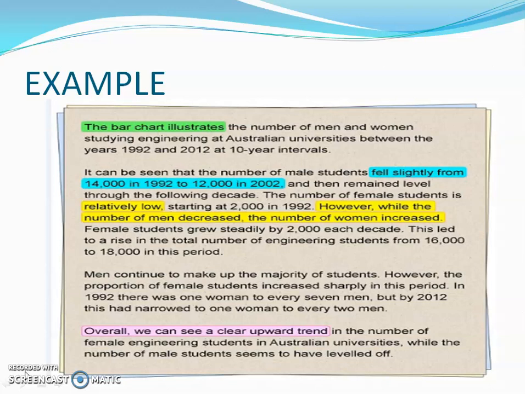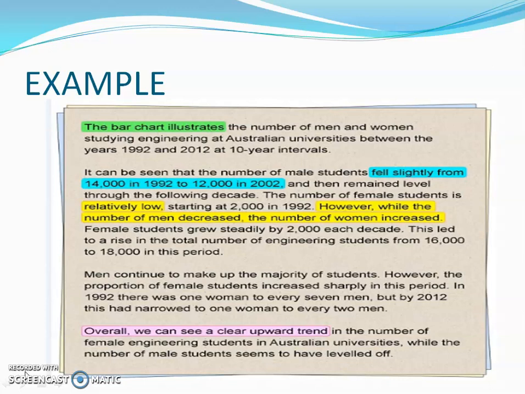However, while the number of men decreased, the number of women increased. Female students grew steadily over the decade. This led to a rise in the total number of engineering students from 16,000 to 18,000 in this period.